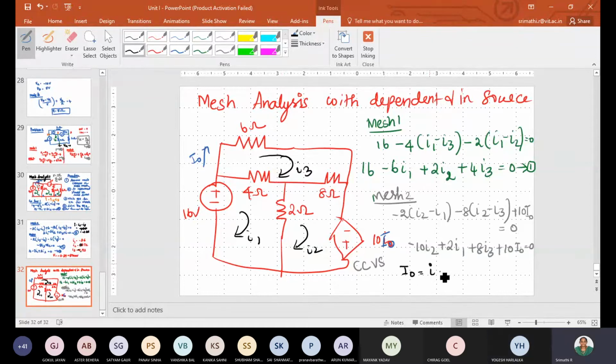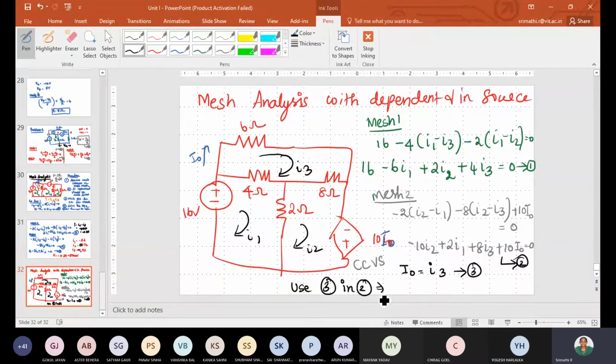So I can use equation 3 in 2. I0 is I3, so 10 I3 plus 8 I3 gives 18 I3, and minus 10 I2 plus 2 I1.